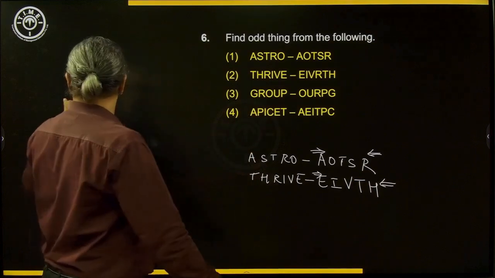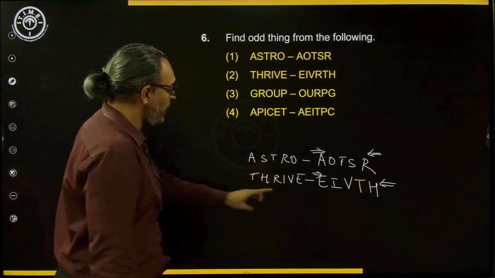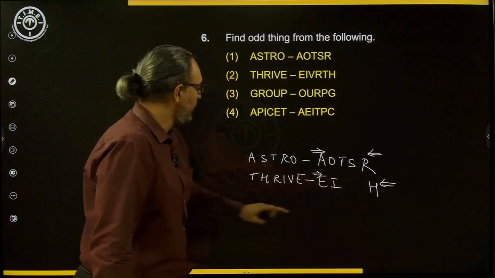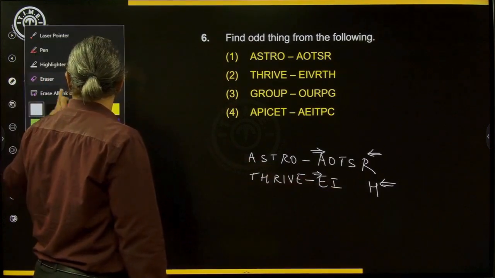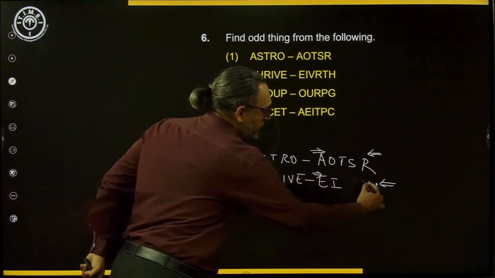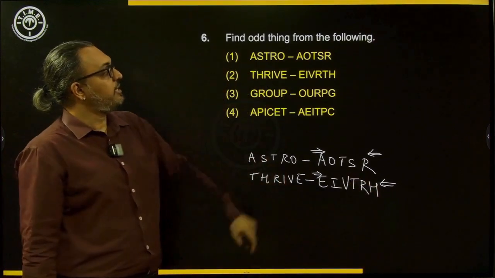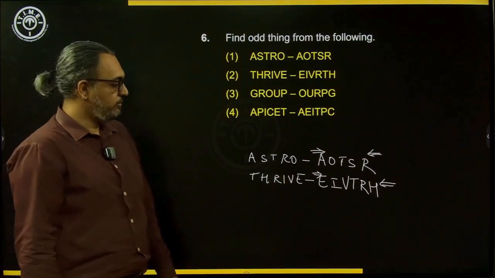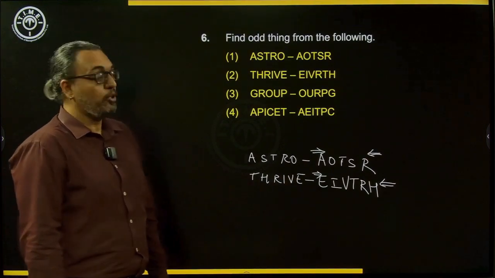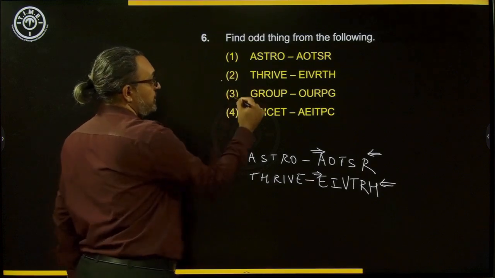HTRV is given. Okay, so it is not HTRV actually, correct? Because R comes before T, so it is HRTV. But it is given as HTRV. But it is HRTV. Okay, so maybe choice 2. Let us see the remaining.